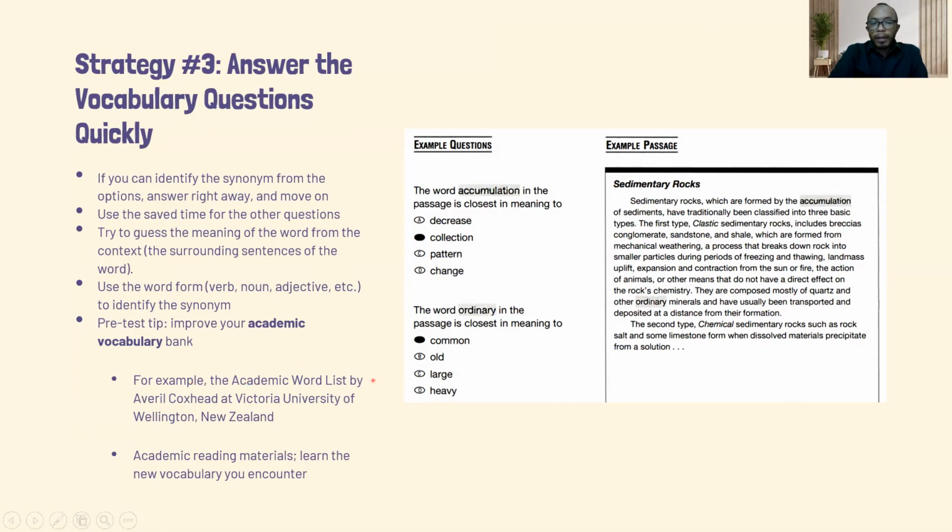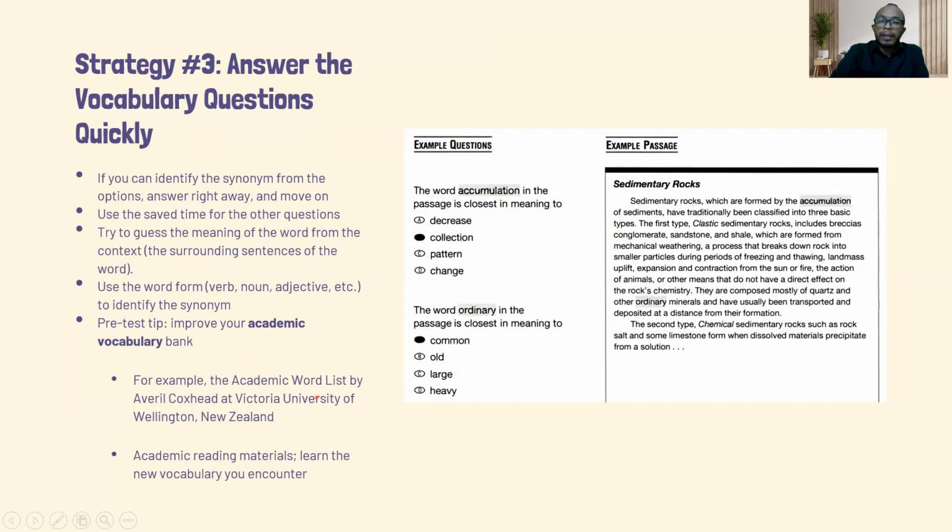Now, you need to also focus on academic words. And here, there is a list of academic words that has been developed by Averil Coxhead at Victoria University of Wellington, New Zealand.